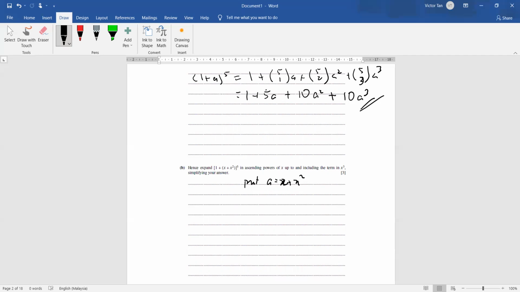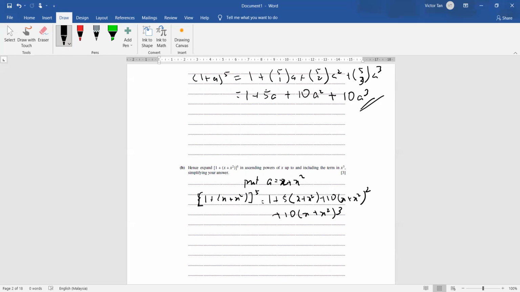So you have 1 plus x plus x squared to the power of 5, which is 1 plus 5(x plus x squared) plus 10(x plus x squared) squared plus 10(x plus x squared) cubed.